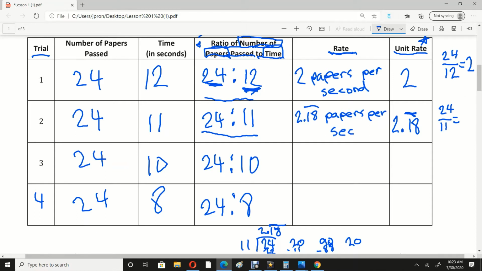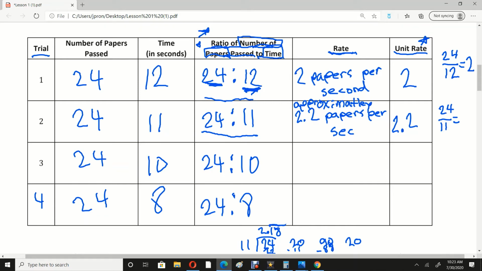Now, if we did the rounding here, if instead I wanted to say 2.2, which I'll do, 2.2, because this is not an exact measurement, this is not an exact unit rate, this is an approximation, we would say approximately. Whenever we round, we're going to say approximately, since it's not precisely.